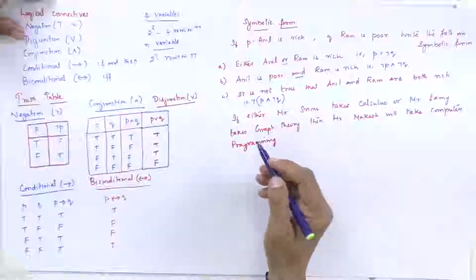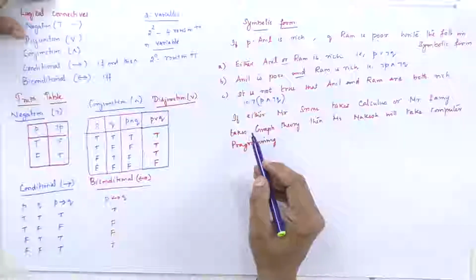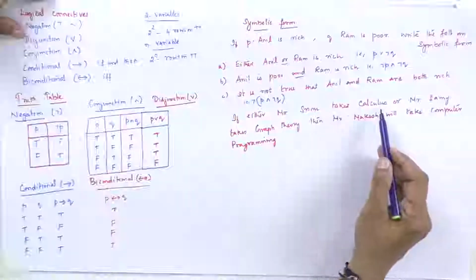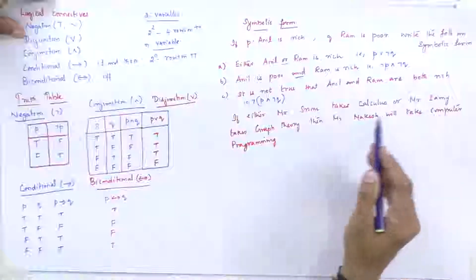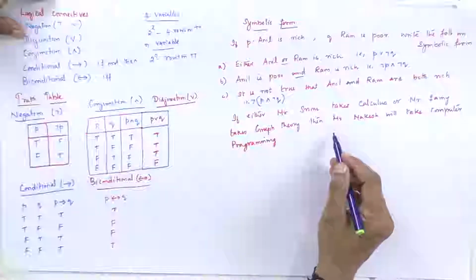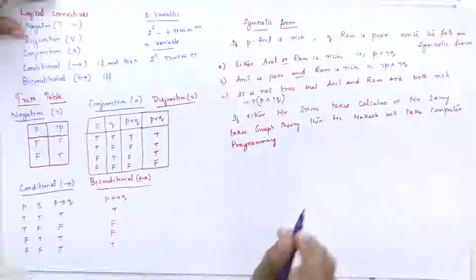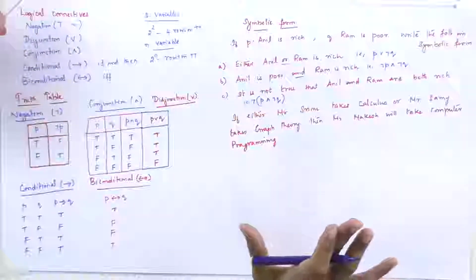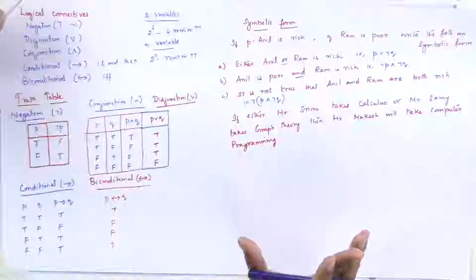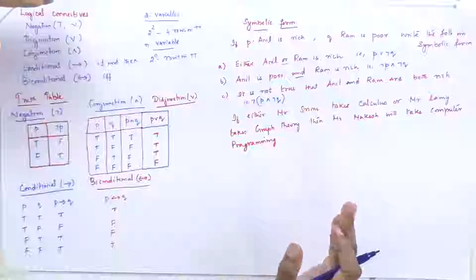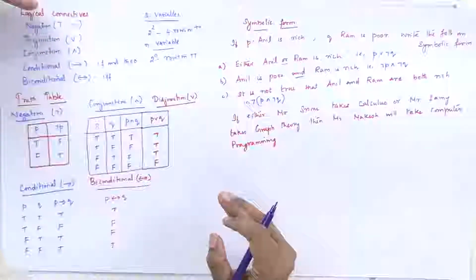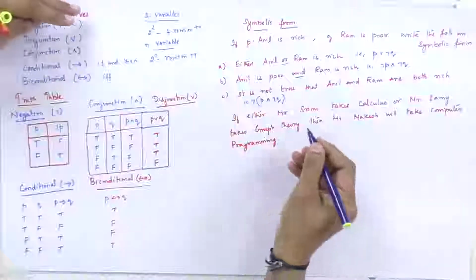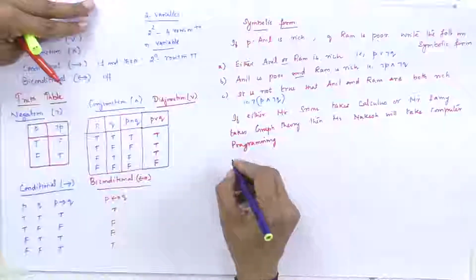Next, again you see another example. What it says is that if either Mr. Srinu takes calculus or Mr. Sami takes graph theory, then Mr. Magesh will take computer programming. So the first thing we have to do is, once a statement is given, identify the keywords, assign variables to the identified keywords, and then represent it in a symbolic form. So what are the keywords we have here?